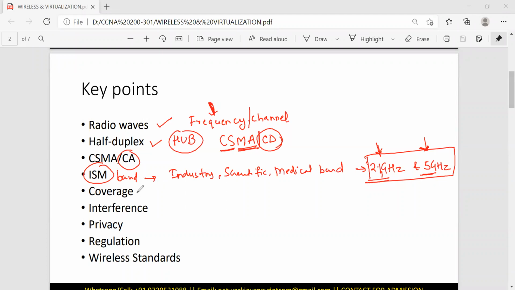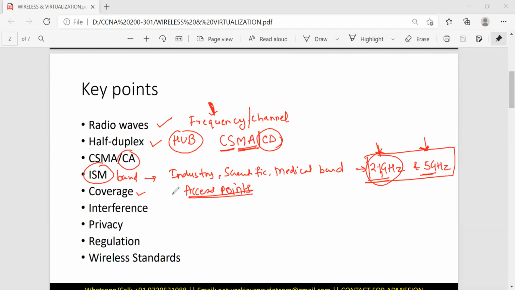Also, when we are deploying wireless devices, a very important issue is related to coverage. Because you generally make use of access points, these access points need to be placed properly so that you get good coverage. When we are working with 2.4 gigahertz, the coverage is quite good, better than 5 gigahertz.